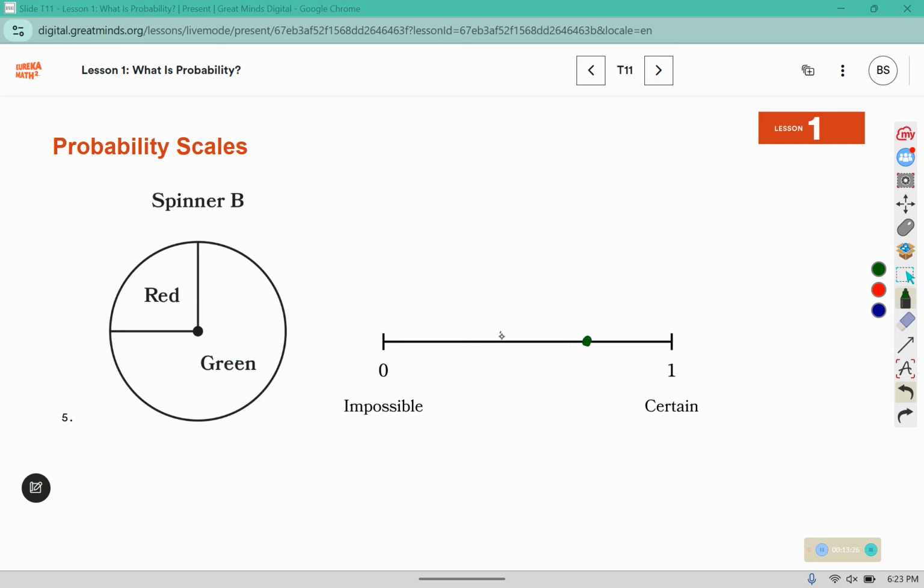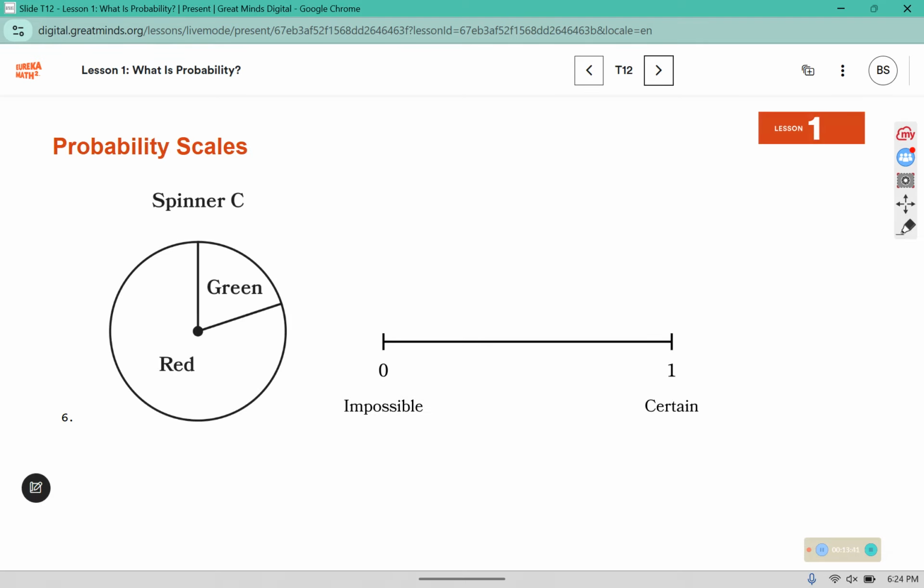So we want to be 3/4 of the way to 1. For this one, the green is a small section, so it's less than half.